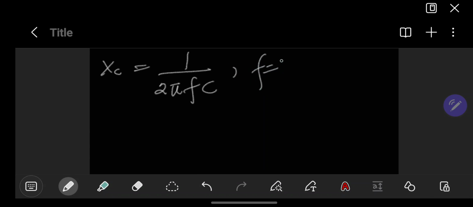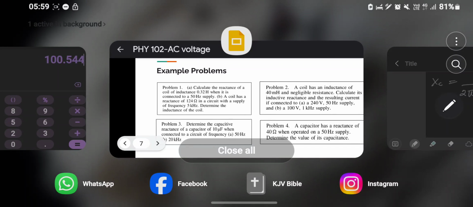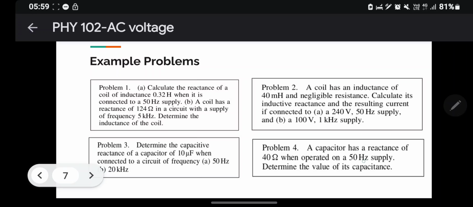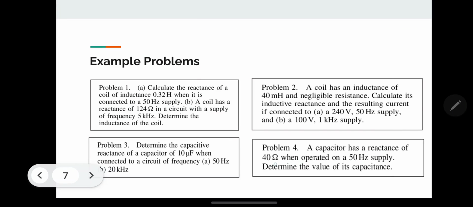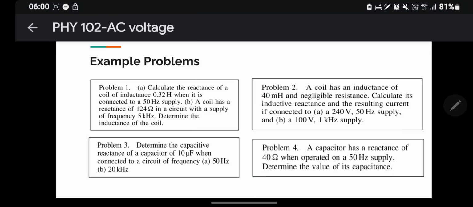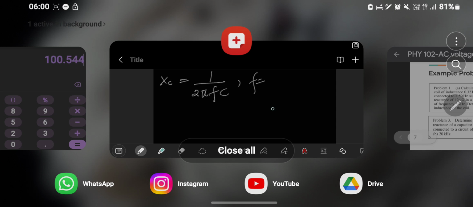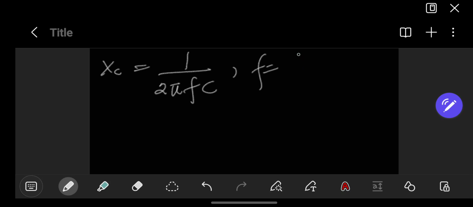Our frequency in this discussion is 50 hertz, and we're given the reactance of the capacitor as 40 ohms. That is not going to be much of a problem. So F is 50 hertz and our XC is 40 ohms.